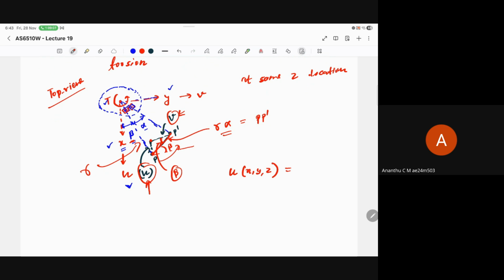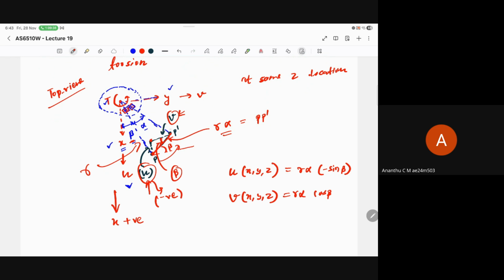The positive x direction is in this direction, and because of this rotation you have u which is negative. So u of x, y, z is r alpha times minus sine beta. Similarly, v of x, y, z is r alpha cos beta.